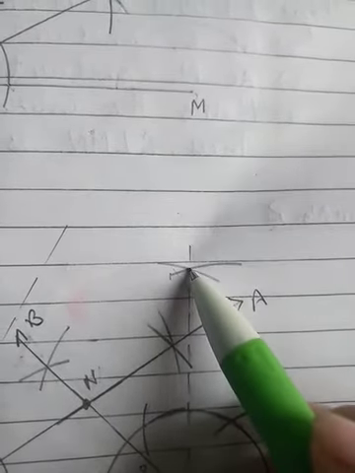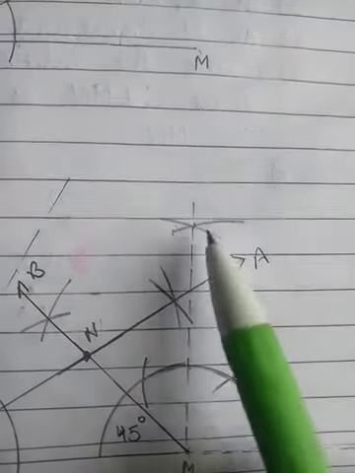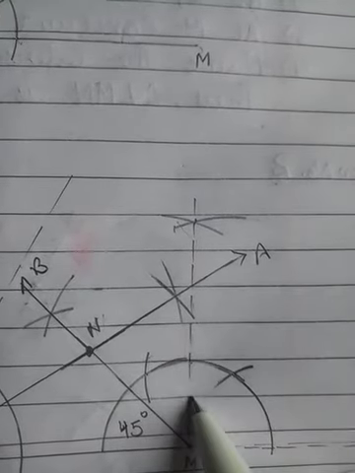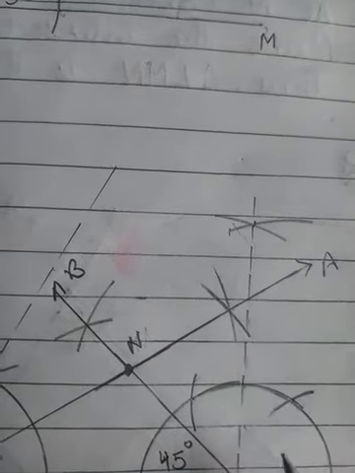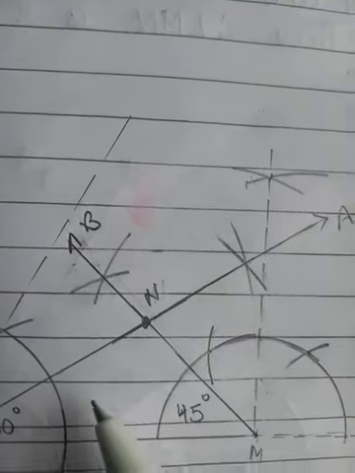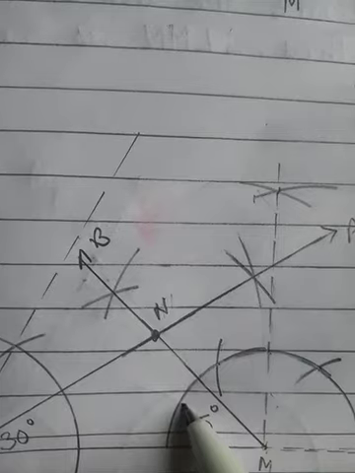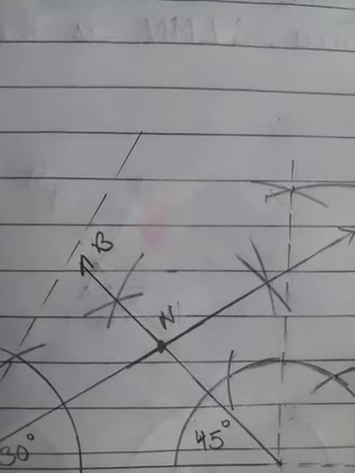Now by passing through the intersection point of the arcs, we draw a line till the M point with the help of dotted lines, because this angle is not required. It is not part of the triangle; we are just making it because we need the angle of 45 degree. Otherwise there is no use of this angle in the triangle.